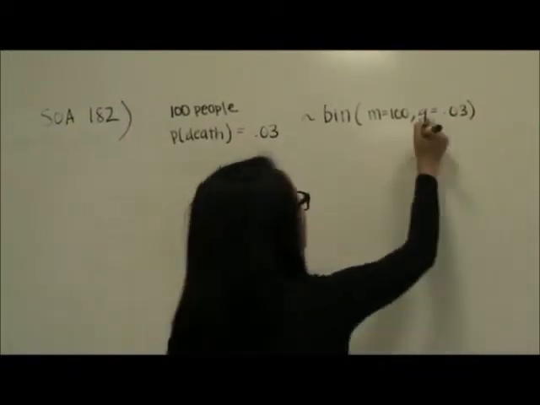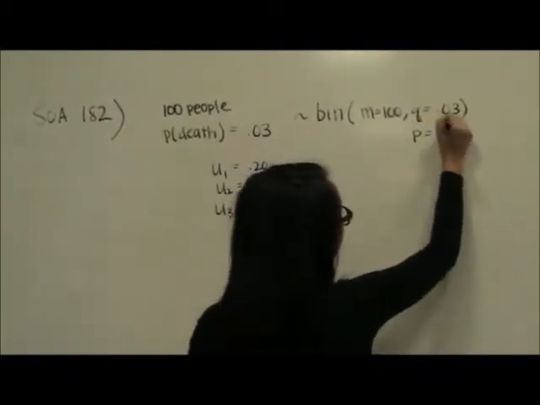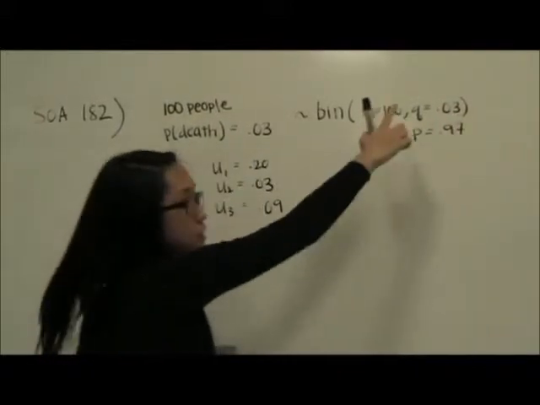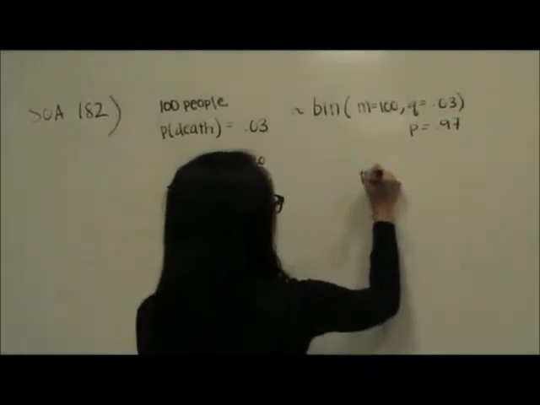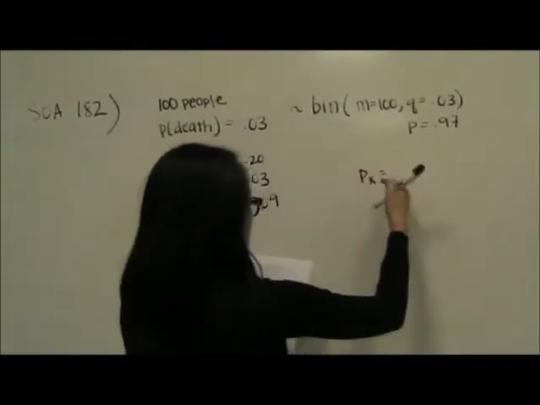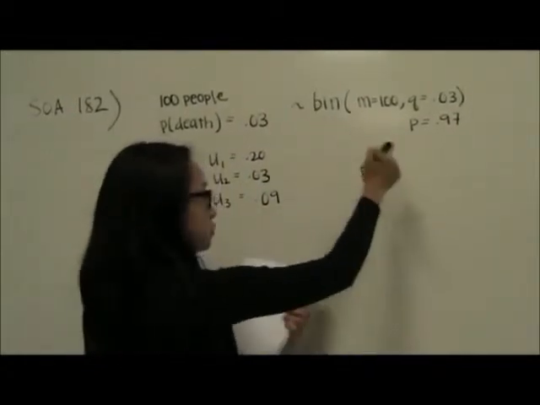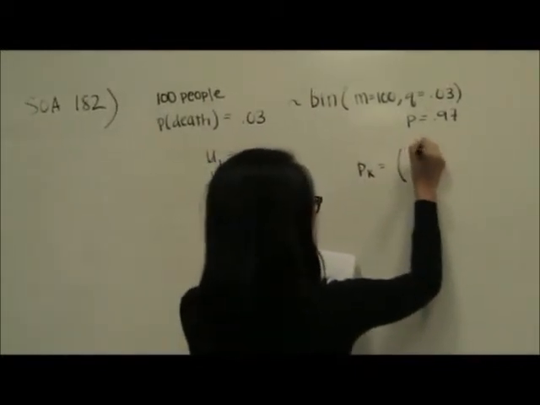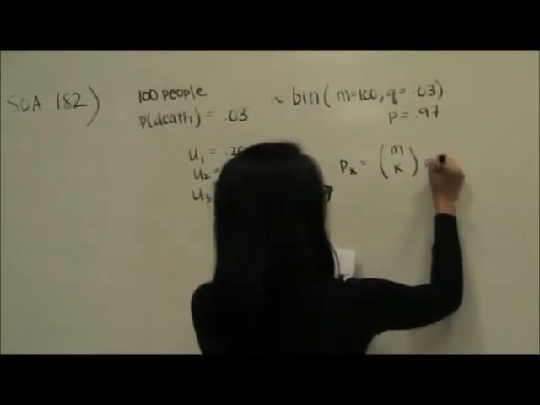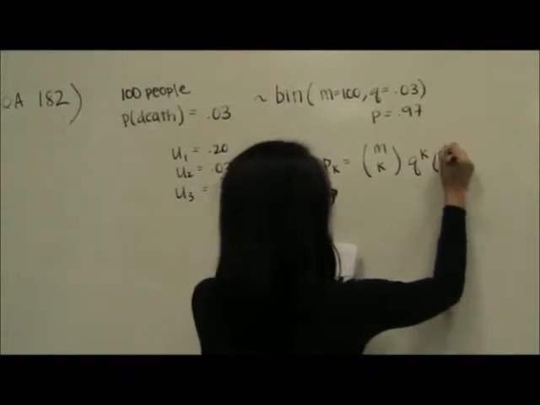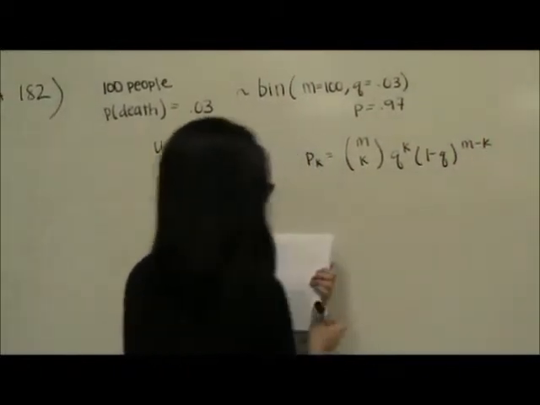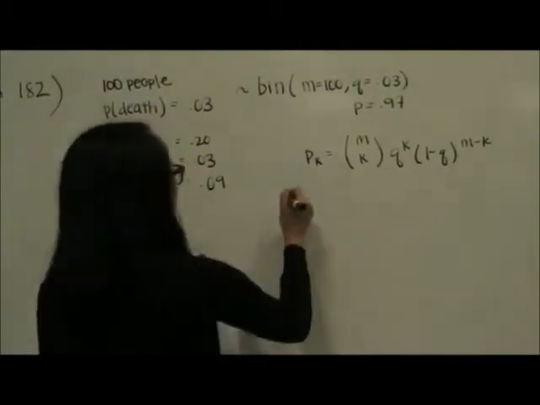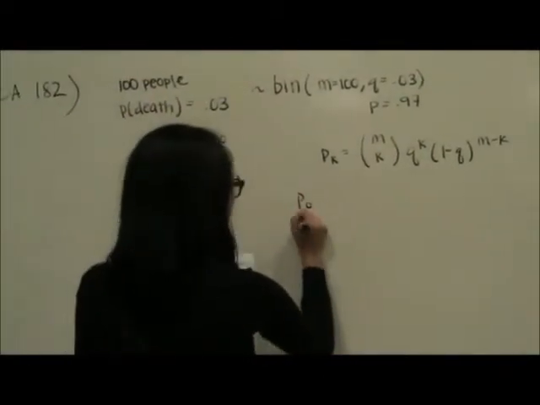So from this, we obviously know that p is equal to 0.97, since p and q have to add up to 1. Looking at our tables, we know the equation for p sub k for a binomial distribution is as follows. And so having this, we can calculate the probability of having 0 deaths, 1 death, and 2 deaths.